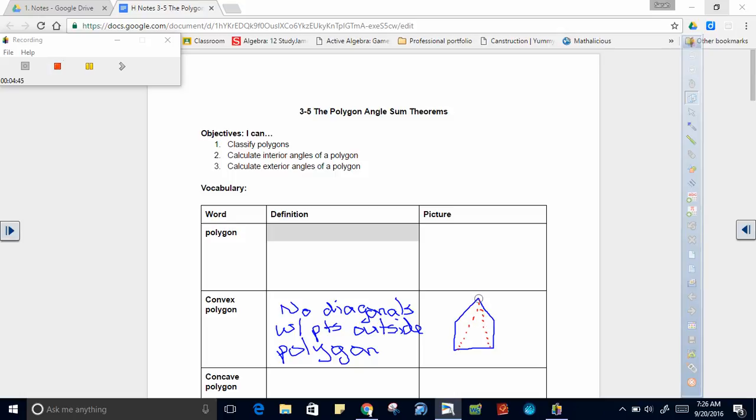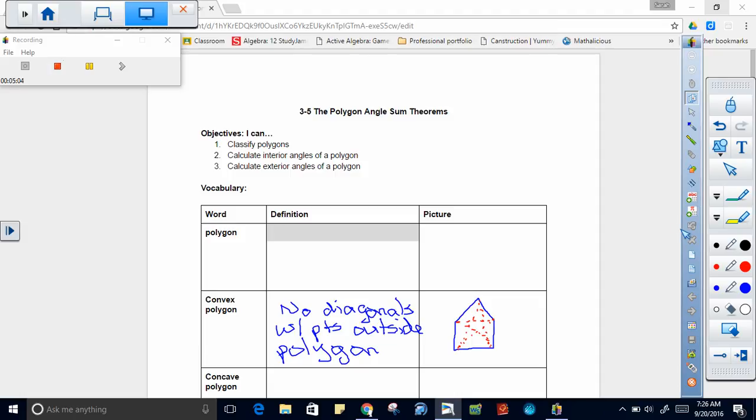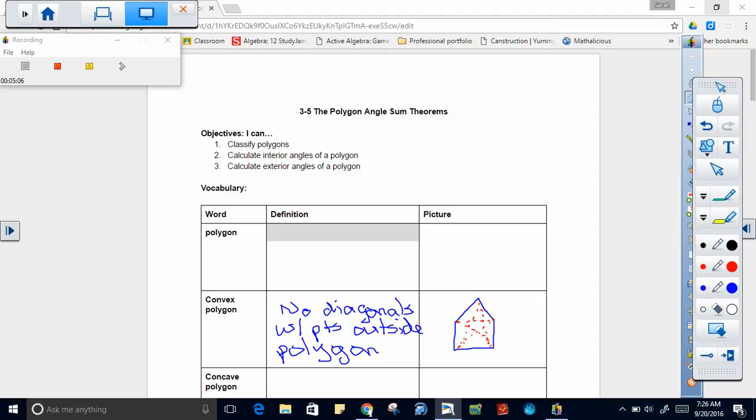A diagonal would not be here, because that would just be a side. So here's another diagonal, another diagonal, right? There's a nice little star. None of those red diagonals have points outside of the polygon. Therefore, it is a convex polygon. Okay.